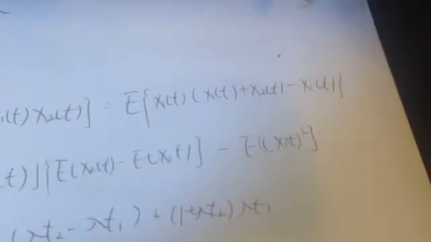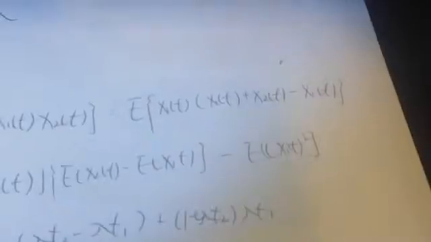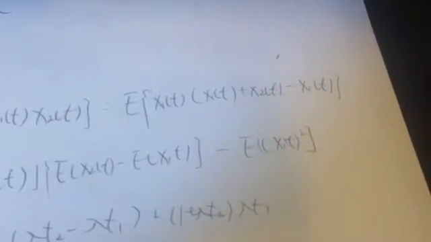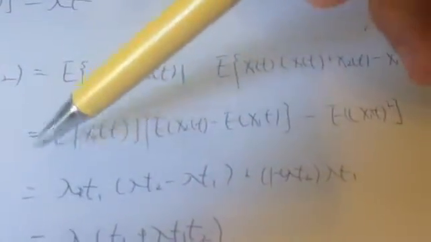The product of these two parts can be written in this way: the expected value of X(t1) times X(t1) plus X(t2) minus X(t1). So this can also be written in this way.